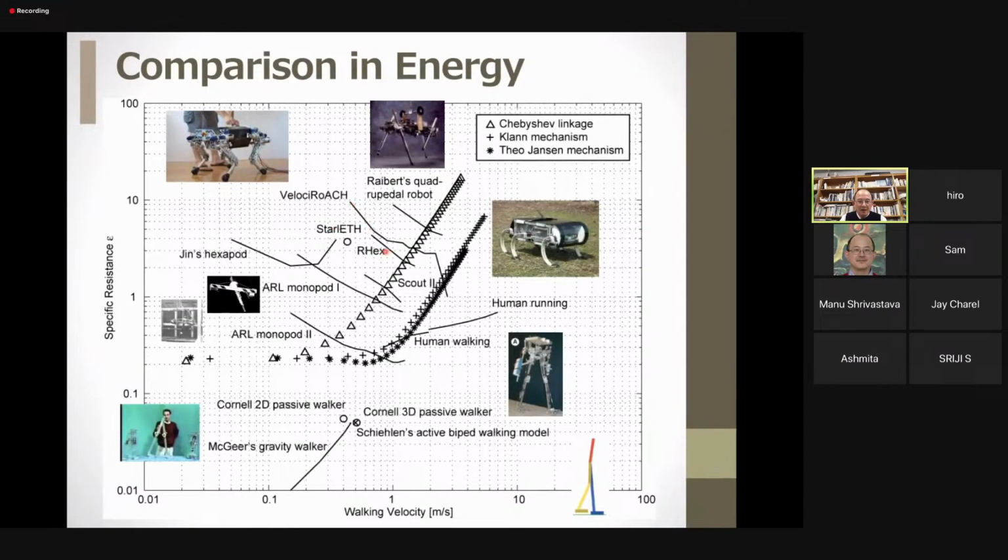Interestingly, those machines have some specific best velocity to reduce the energy consumption, which naturally decreases according to the working velocity. It may be it comes back again. In comparison with the other mechanisms, the Theo Jansen has very little energy if the working velocity is at the midpoint.